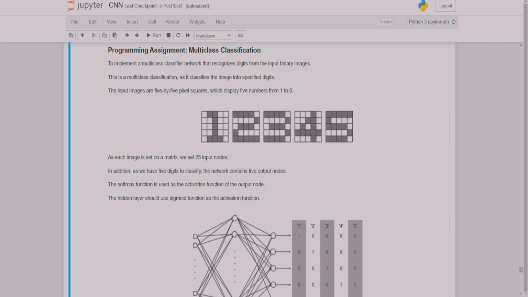Okay. Just remember in this particular case, the input is not an image. Though the question says input binary images, it's mentioned specifically just to give a hint that you can generate this 5 into 5 as a matrix.